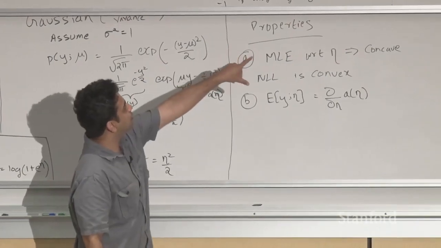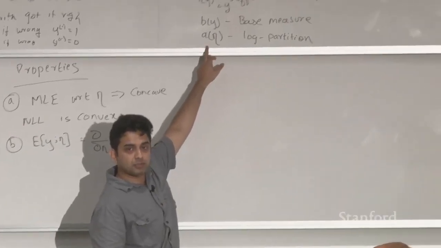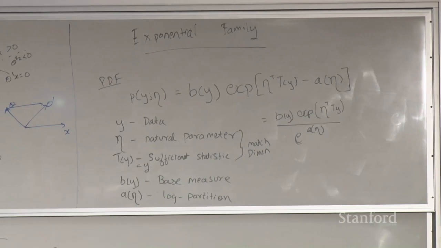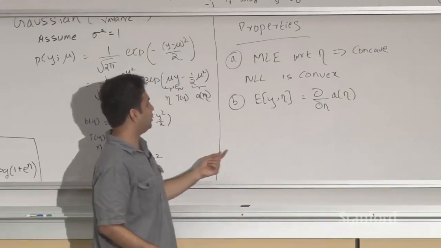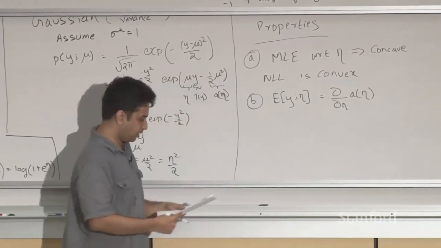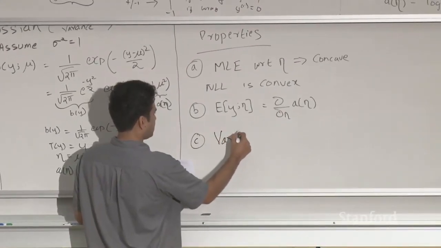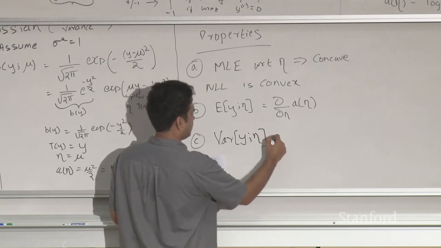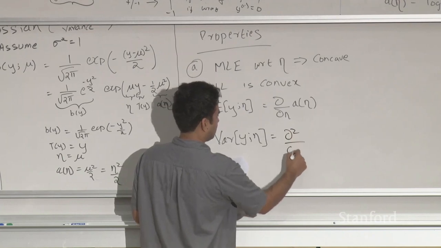For each of the distributions, we start with a of eta, the log partition function, differentiate this with respect to eta, and you get another function with respect to eta, and that function is the mean of the distribution as parameterized by eta. And similarly, the variance of y parameterized by eta is just the second derivative. This was the first derivative, this is the second derivative.